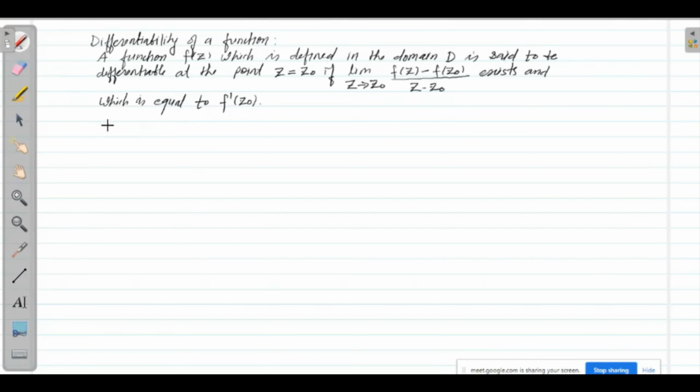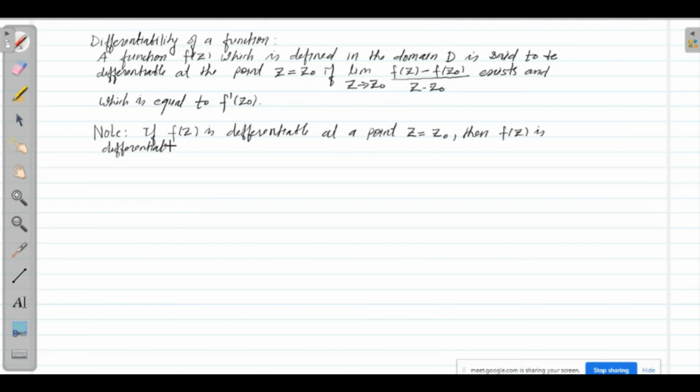Now here we write down some note. If f of z is differentiable at a point z equal to z naught, then f of z is differentiable on the domain D. Means what?